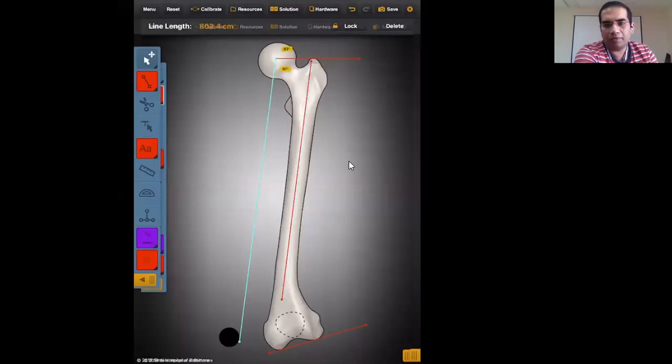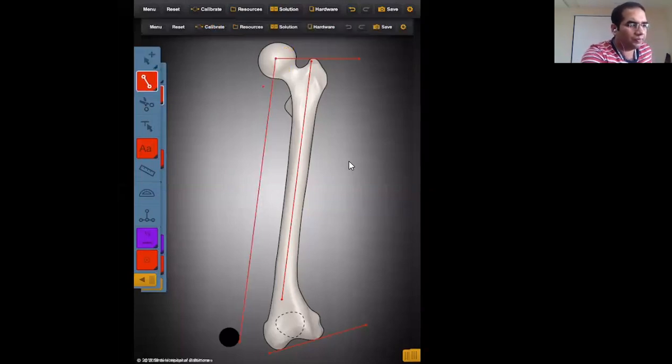You will draw a line which is parallel to the anatomical axis of the femur, or the mid diaphyseal line of the femur. And then, as I told you earlier, the normal anatomical mechanical angle is 7 degrees plus minus 2 degrees. So now we will draw with reference to this line.